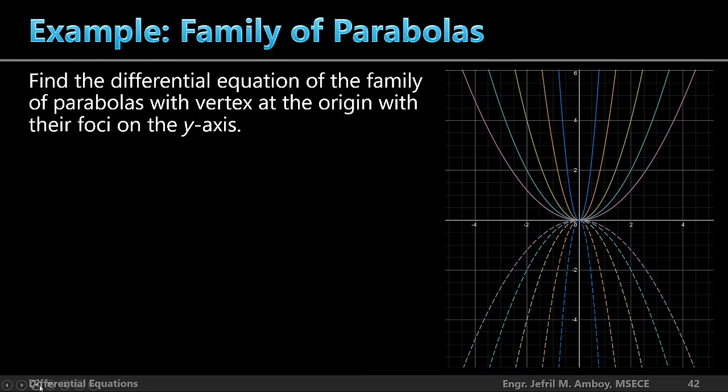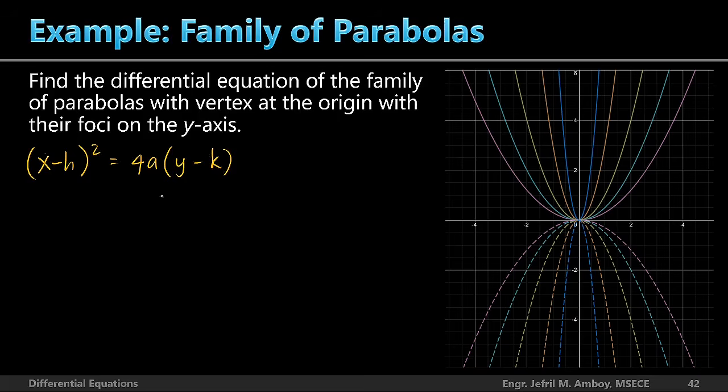Okay, so now we may need to recall the equation of a parabola. So the equation that we will be using is the standard form of the parabola. So if we recall that for parabolas having vertical axis, the standard form is given by (x minus h) squared equals 4a times (y minus k).